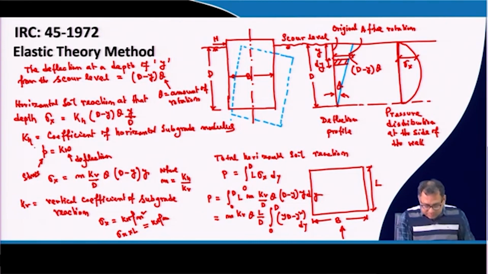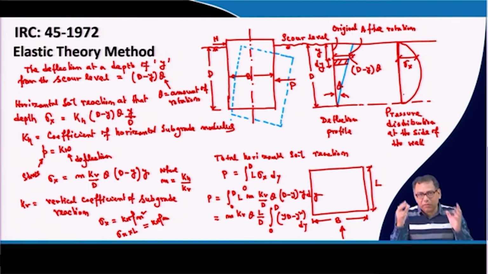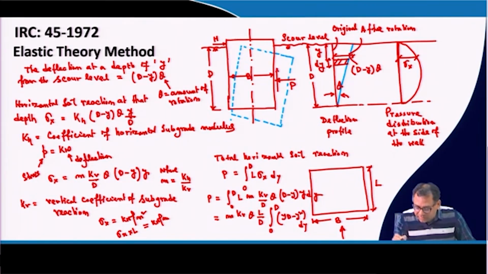So, that means this is the total horizontal soil reaction. So, that total horizontal soil reaction will act where? So, now it will act here. So, this is the total horizontal soil reaction that is acting here, because now this is the total stress distribution. Now, P is the total force, and this force is acting here. So, because of this force, there will be friction or shearing along the depth of the well.